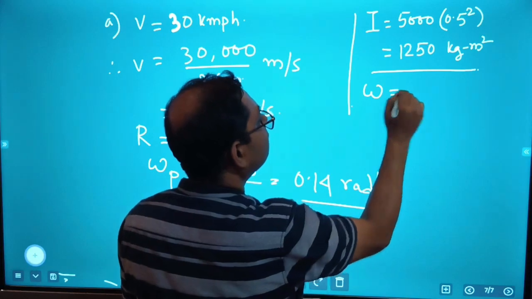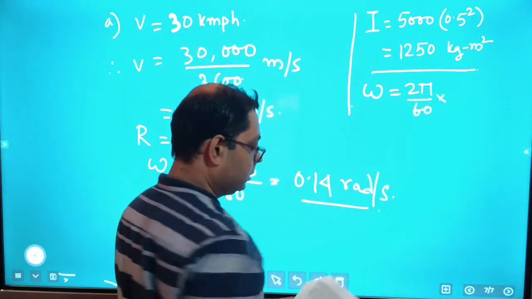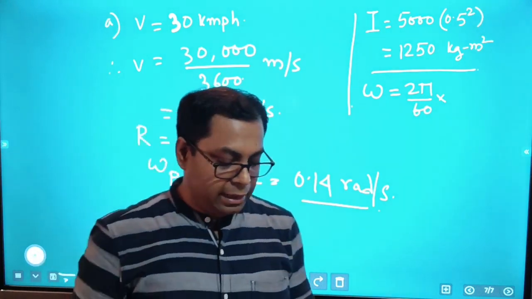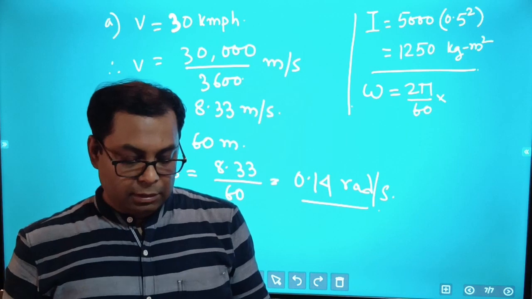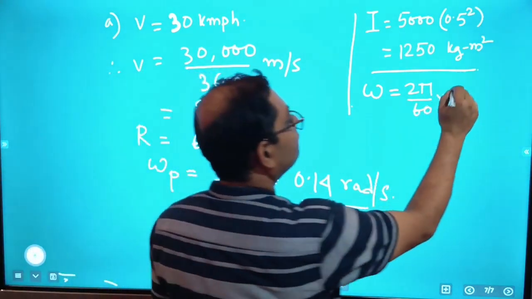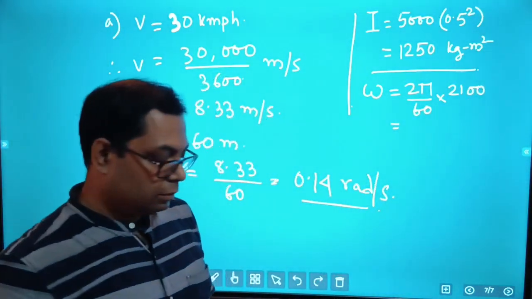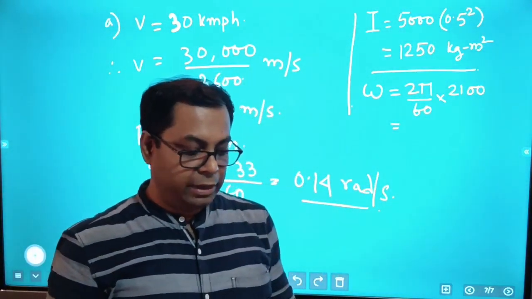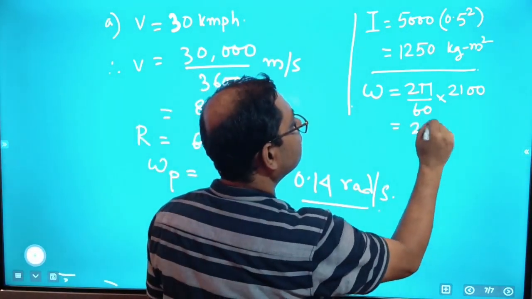Omega is 2 pi by 60 into N, and N is given as 2100 rpm. So we get omega as 220 radian per second.